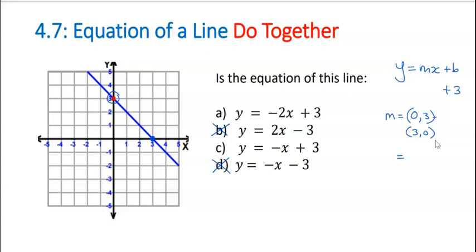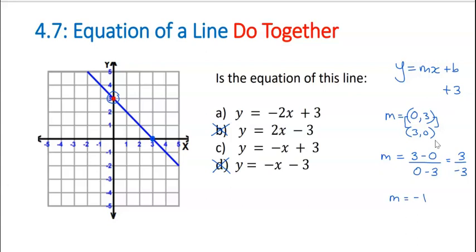I subtract my y's over my x's, 3 minus 0 for my y's, over 0 minus 3 for my x's. That's going to be 3 over negative 3, and 3 divided by negative 3 is a negative 1.